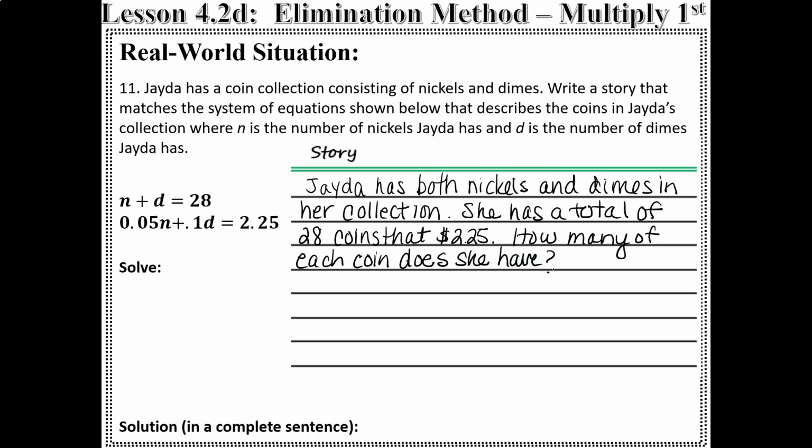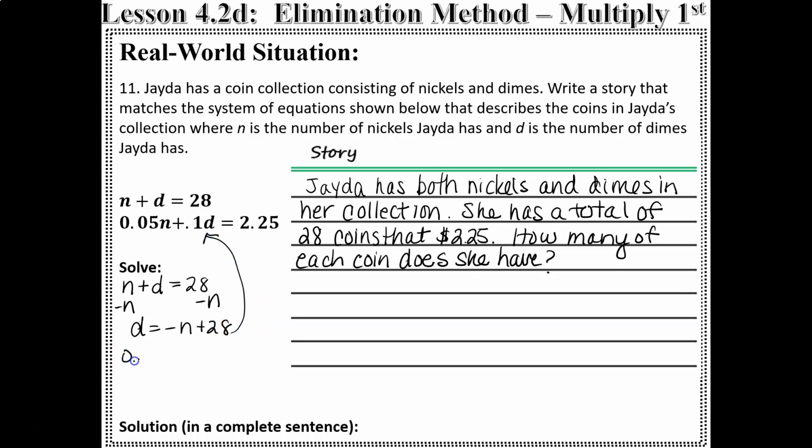All right, so I'm going to isolate d, because it looks like the math will be a little easier. So I'm going to subtract n. So I have d equals negative n plus 28. Now I'm going to put that in for d.